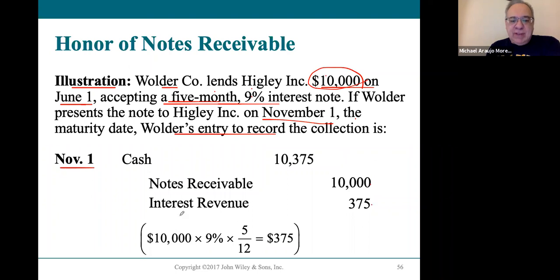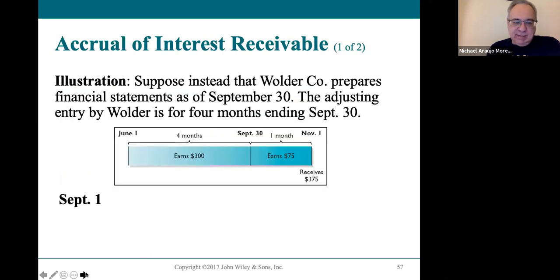The $375 is the interest. When you make money on loans, the interest has to be reported as revenue, so it belongs in the interest revenue account. Fascinating stuff, but that's basically it.